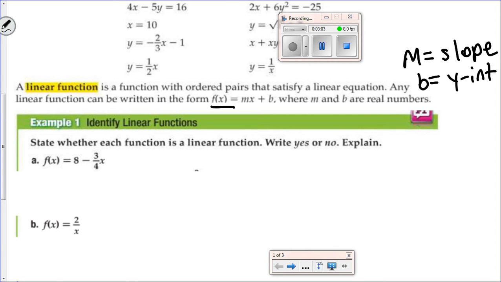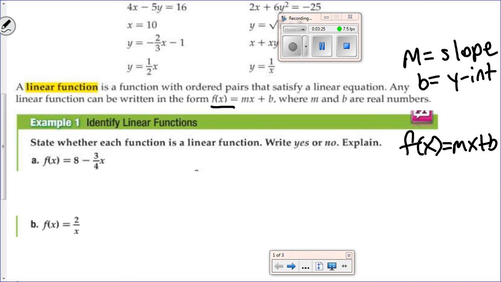Alright, so example 1, state whether each function is a linear function, yes or no. Explain. So we want to be able to write it in the form f of x equals mx plus b. If we're able to do that, then we have a linear equation. This first one just takes a little bit of manipulating.